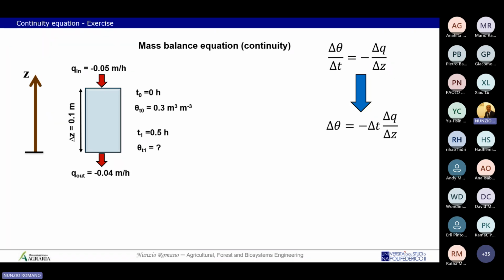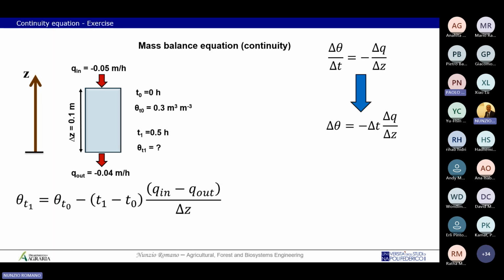What we have to do is apply the continuity equation that you can see on the right, and from this equation we obtain the variation of the water content, which depends on the variation of the specific flow rate and the time that we are considering, because we would like to know what happened after 0.5 hour, half an hour.